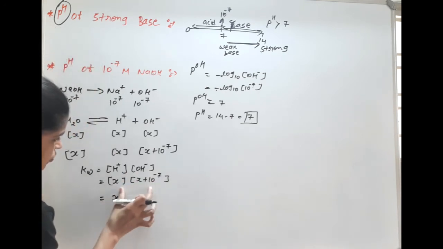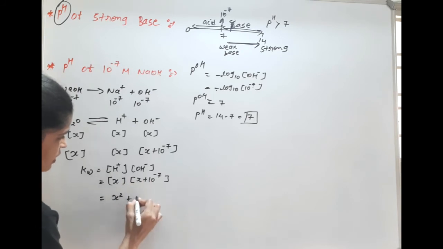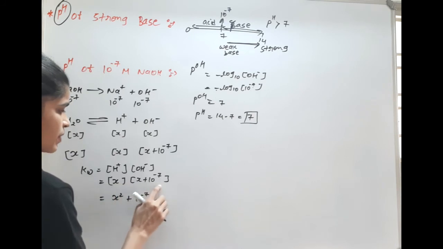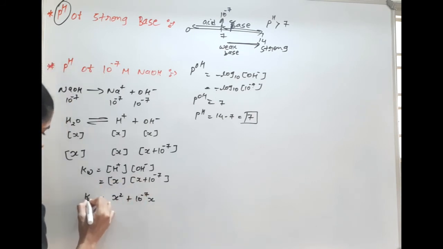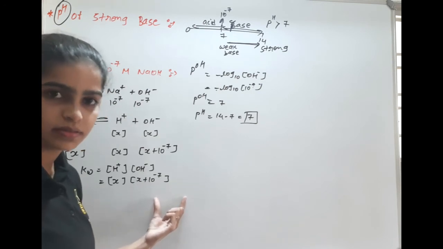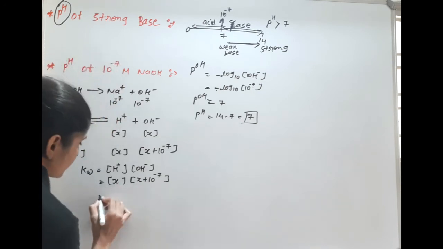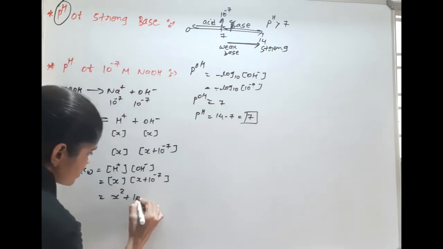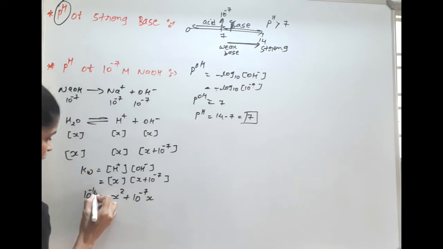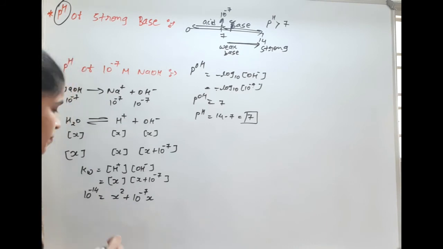Solve this: two brackets, X square plus 10 raised to minus 7 X. X into X plus 10 raised to minus 7 gives X square plus 10 raised to minus 7 X, and the Kw value is 10 raised to minus 14.